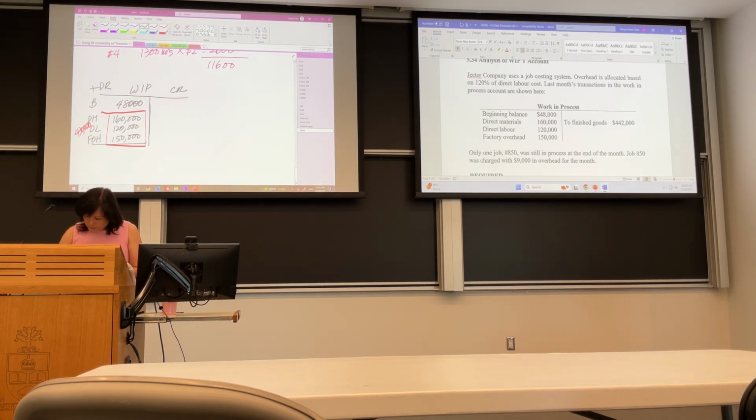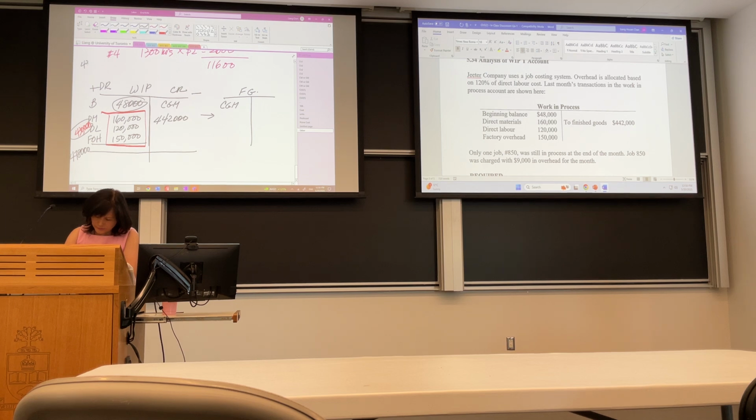We move the finished product, cost of goods manufactured, to finished goods. We don't know finished goods beginning or ending. But 442,000 is taken out of this and this together, which is 478,000.